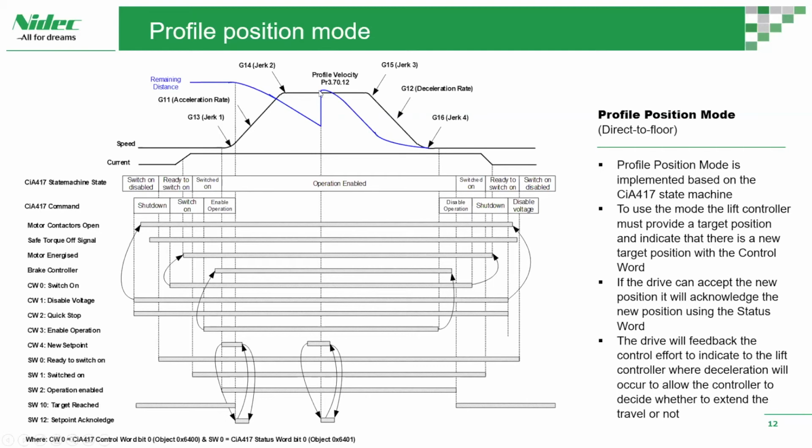And if the drive can accept this, it will acknowledge it with the status word. And then the drive will feed back the control effort to indicate to the lift controller where the deceleration will actually happen, so that the lift controller knows how much distance is left in which it can decide to command a new update and further extend this remaining distance.